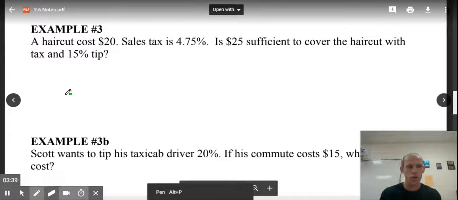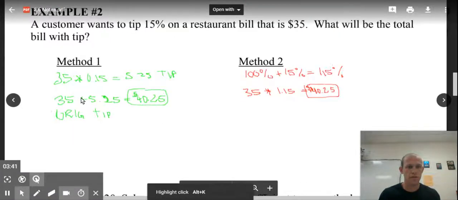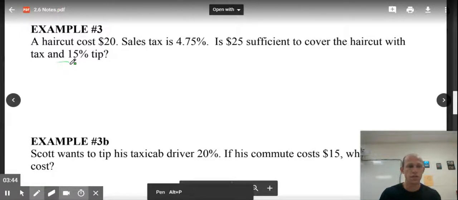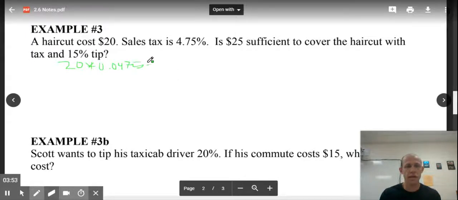I'm going to do this with method number one first. Method number one, what have I been using? Have I been using green? Yes. So first, 20 times 0.0475 to get what my tax is, which will give me 0.95, 95 cents.